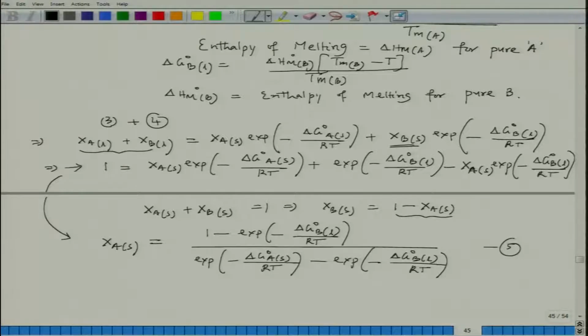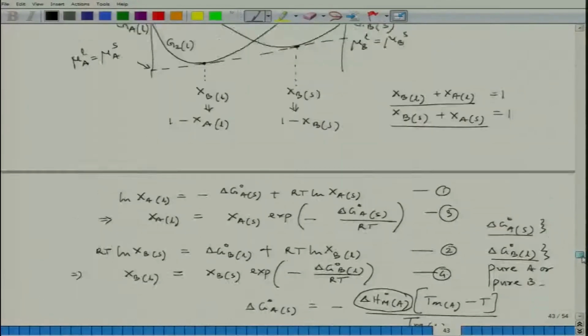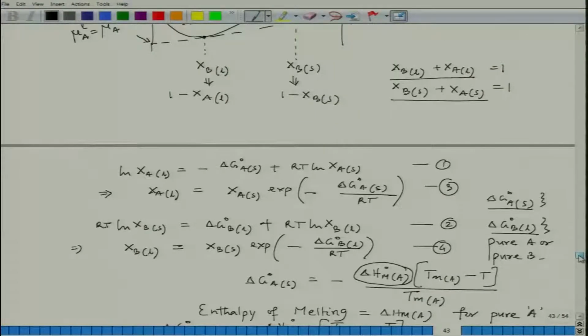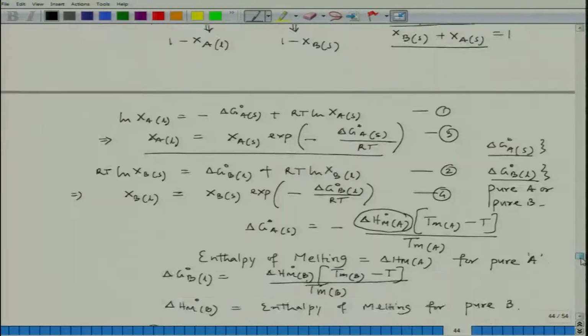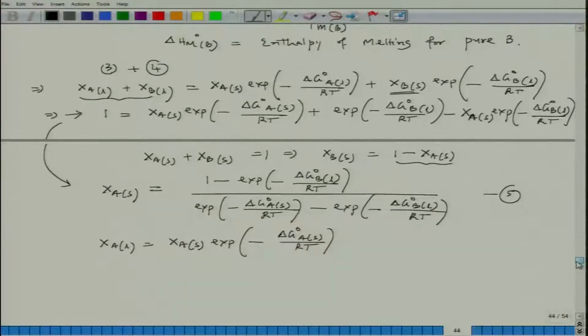Now if I know XAS, since we know this particular equation, XAL equal to XAS exponential minus delta G0 AS by RT, if we go back and see that particular expression, this is the expression. I can replace XAS with this particular expression.